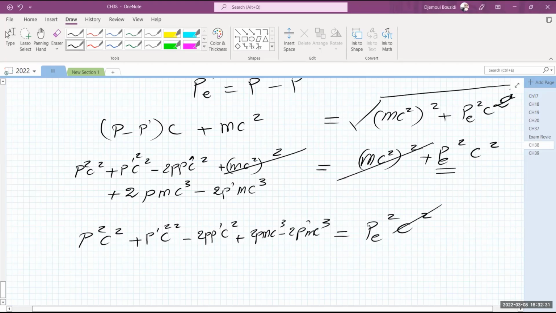Now we can get rid of the C squared also from this term and this term and this term, and I have a cubed in here, so I will be left with a power of 1. So the momentum that is left for the electron squared is going to be equal to P squared plus P prime squared minus 2PP prime plus 2PmC minus 2P prime mC.